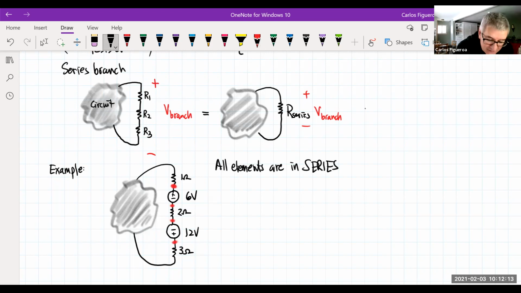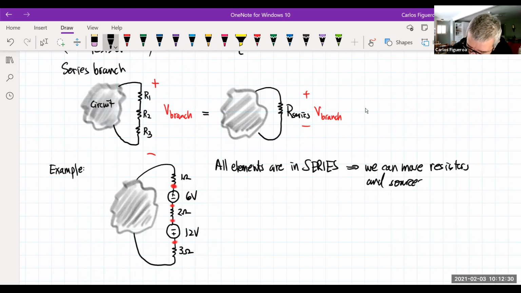Now, because they're in series, this means here is that we can move resistors and sources around. Why? Because series elements add.